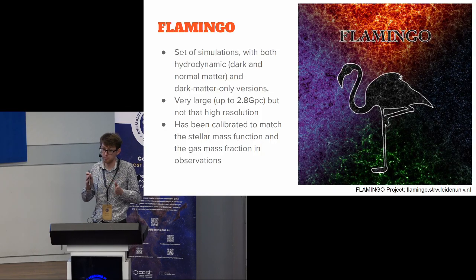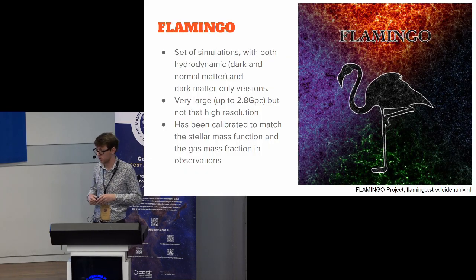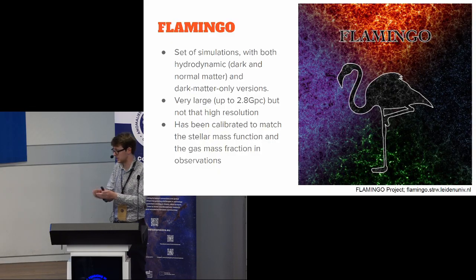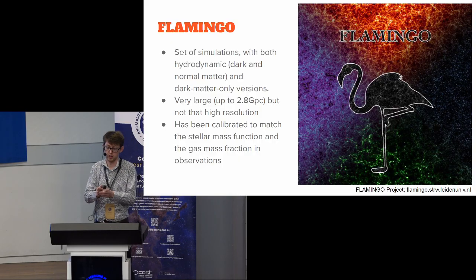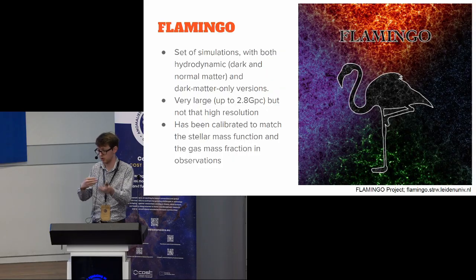Most of the runs have a gigaparsec comoving box side length, but it goes up to 2.8 gigaparsecs. For all the hydrodynamic runs, there also exists a dark matter only run, which has the same initial conditions and seed, so it's possible to match things between the two.